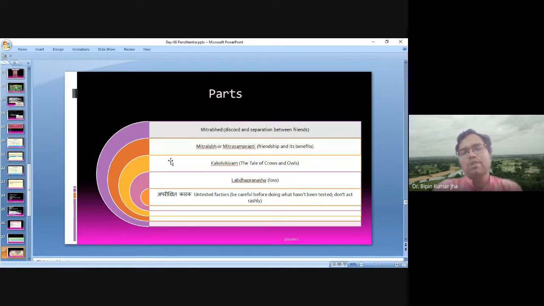And that's why I have taken this text as the second text to read in this session. It is quite similar to Jatak stories in Buddhist studies, so you can compare in such a way.